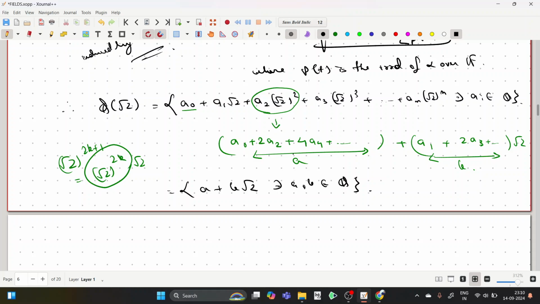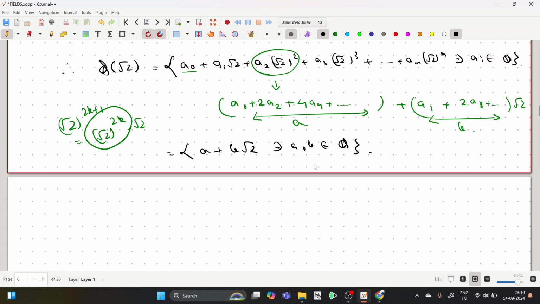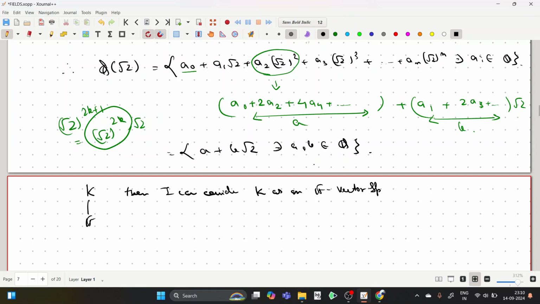Got it? Now there is an important thing to notice here, which we will be considering in the next lecture, that is, if I consider a field extension K over F, then I can consider K as an F vector space, right?